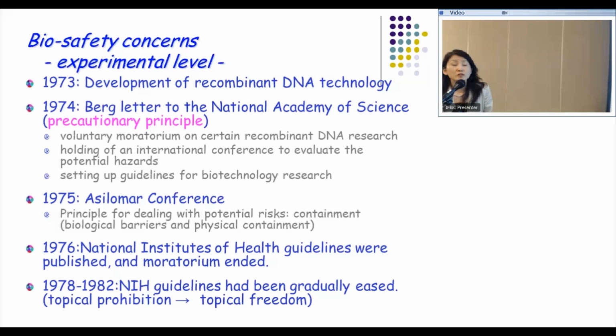In response to this letter, a conference was held the next year. And as shown here, regarding recombinant DNA technology, although no actual risk had been observed, precautionary principles have been taken from the beginning.